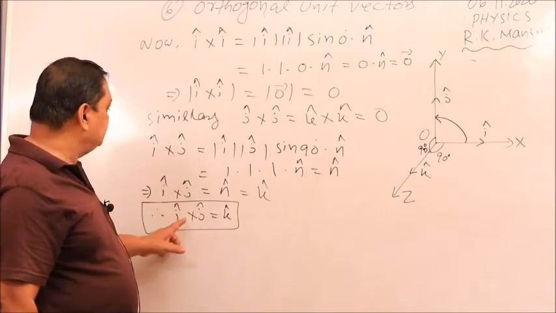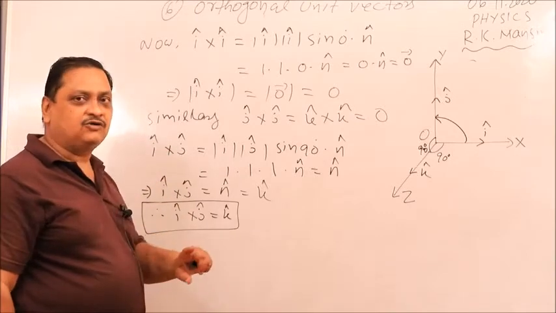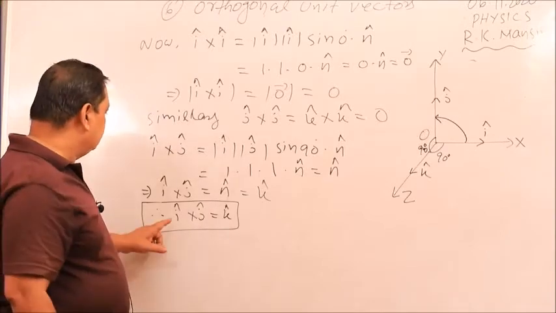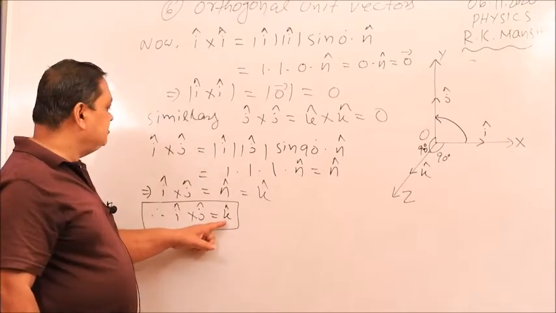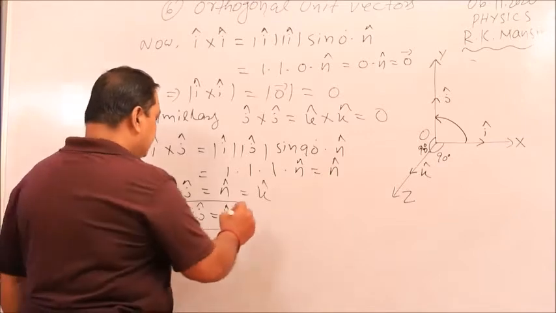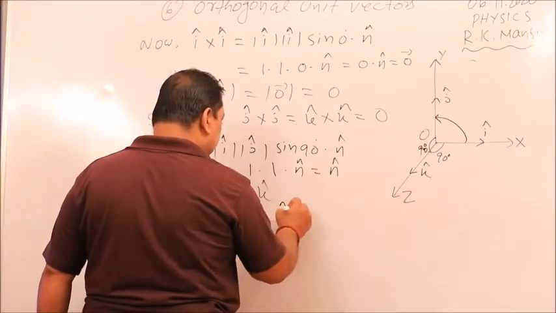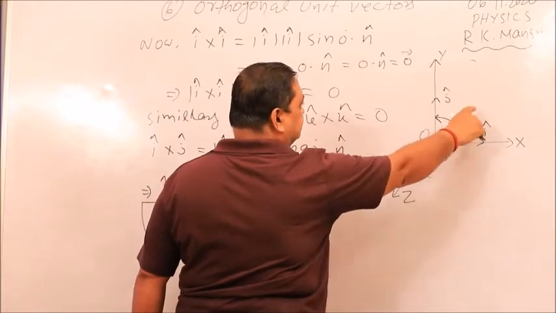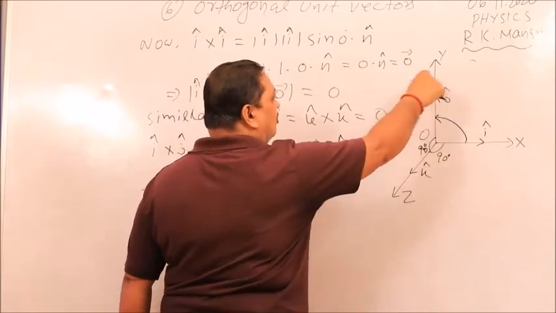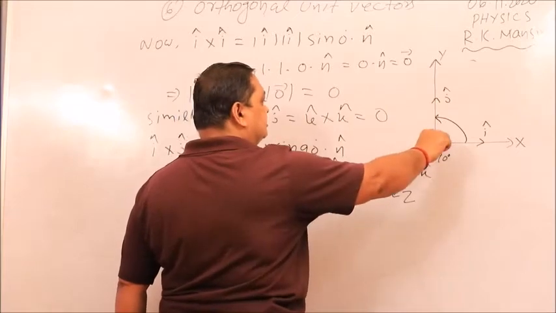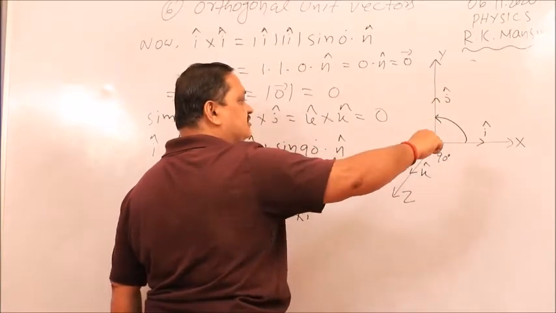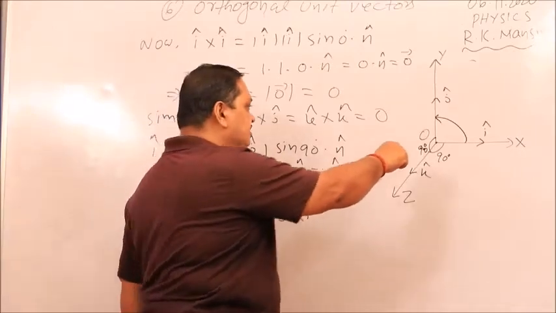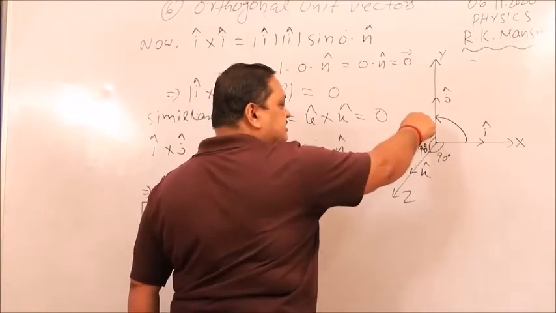In the first properties we have discussed that cross product is not commutative, but dot product is commutative. a dot b equal to b dot a. So here i cap cross j cap equal to k cap. Then j cap cross i cap means we will start from the y axis to the x axis, that is clockwise direction. So if the screw rotates in clockwise direction, it will move into the blackboard, but that is also the z axis.